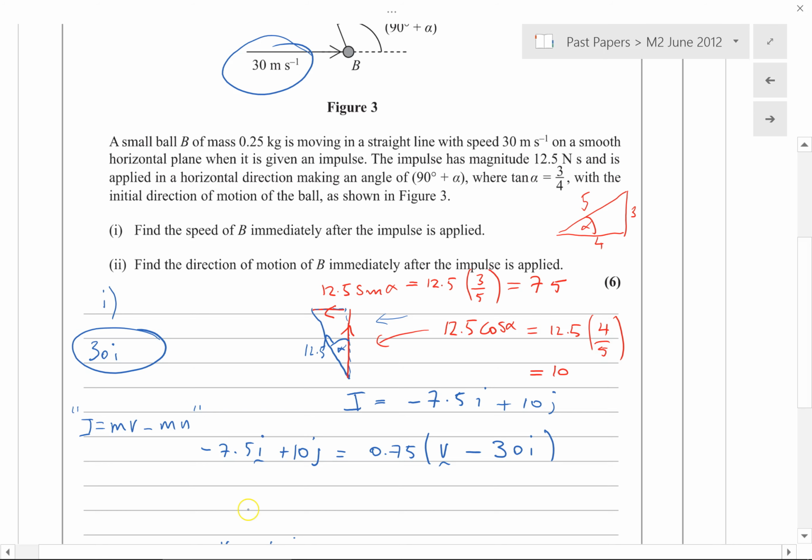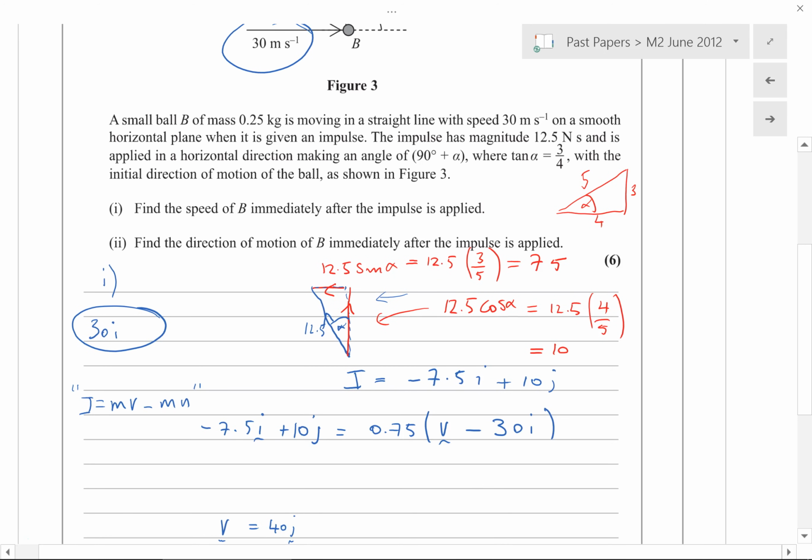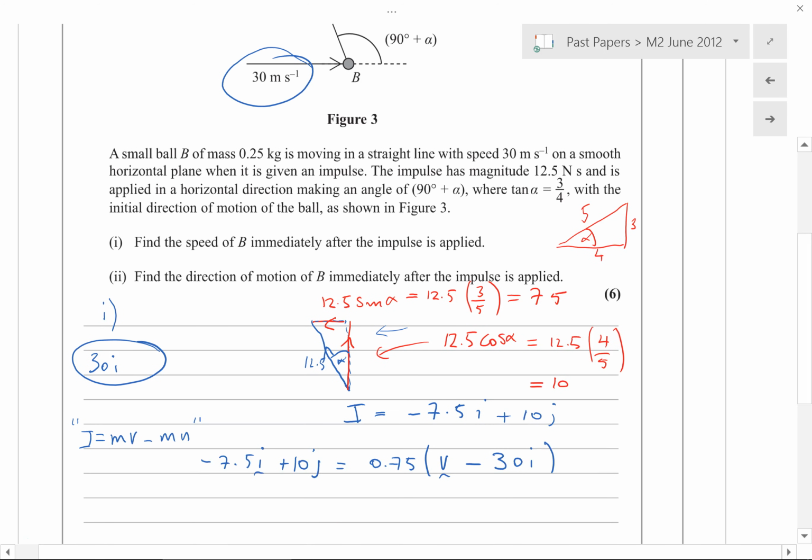Right, now if I divide by 0.75 there, I get, my apologies, the mass is 0.25.